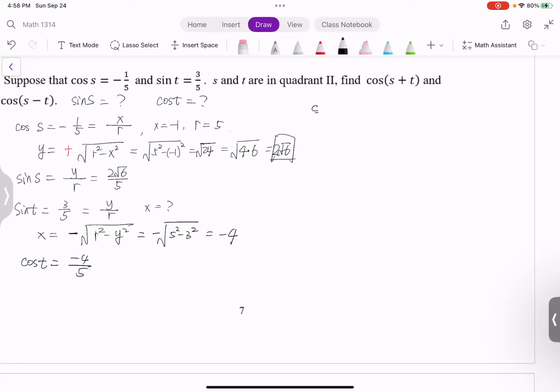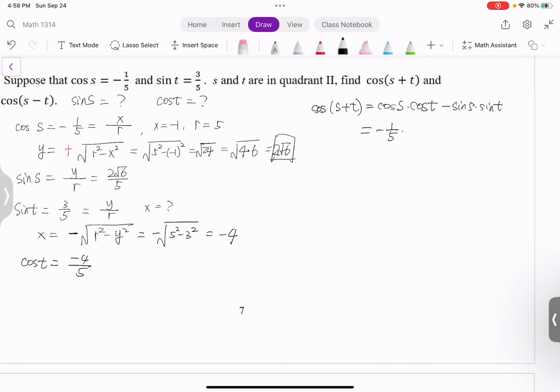Let's find what is the cosine S plus T. So cosine S plus T is cosine S times cosine T minus sine S sine T. Cosine S is -1/5.